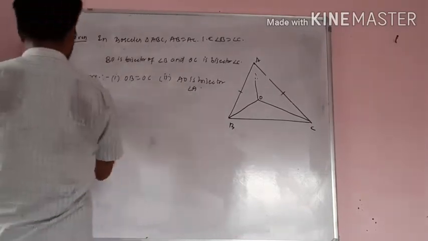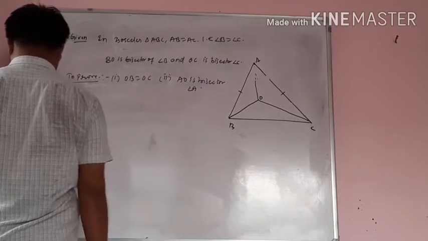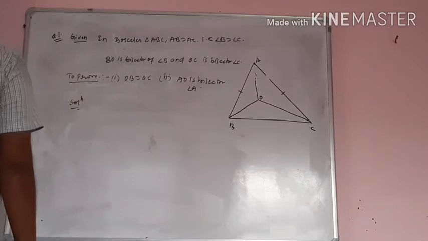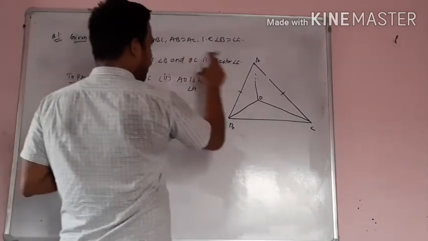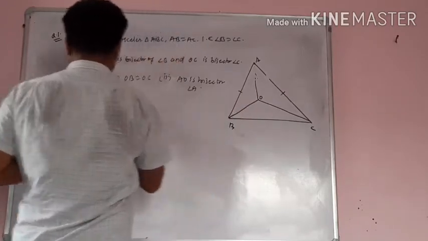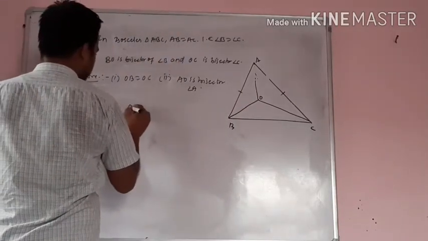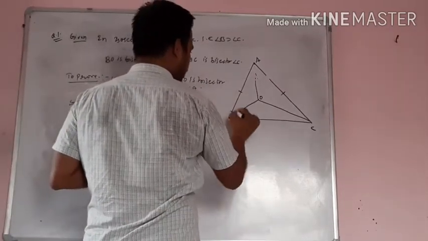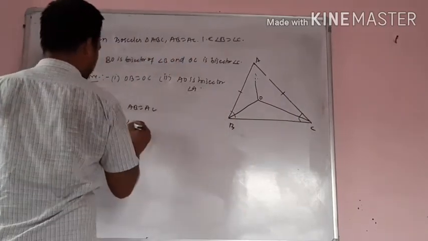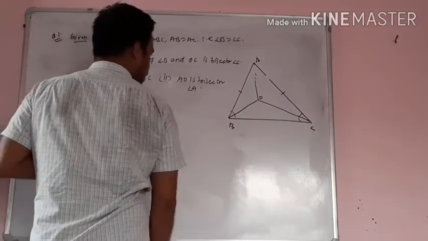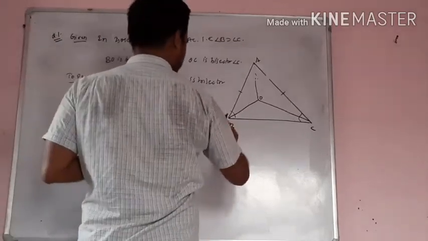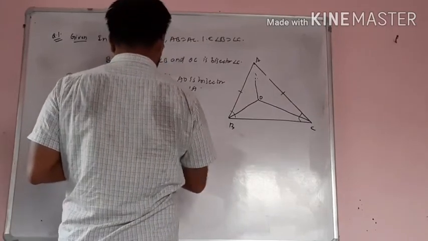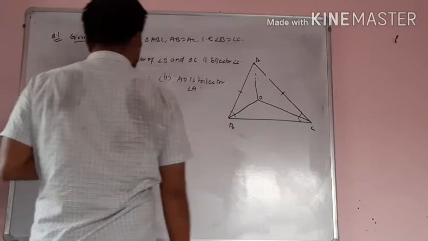Solution. Since AB equals to AC, given, means the sides of the triangle AB equals to AC, means angle B will be equal to angle C. So angle ABC equals to angle ACB.